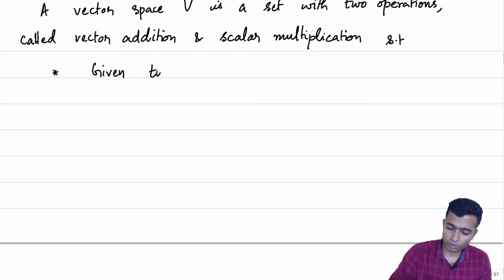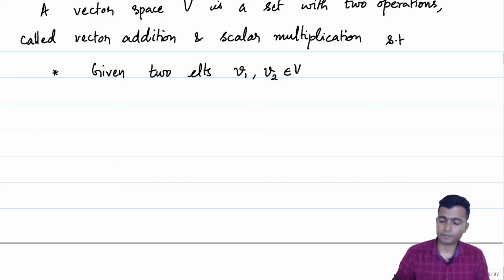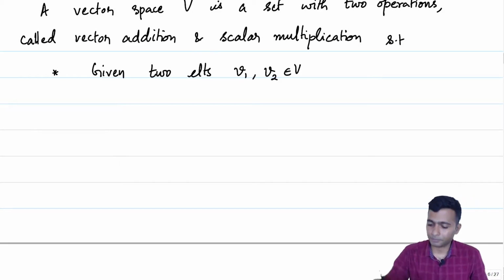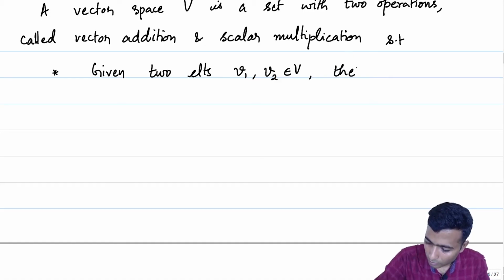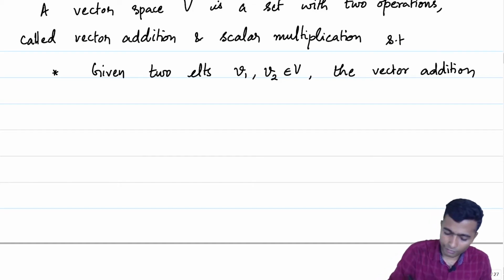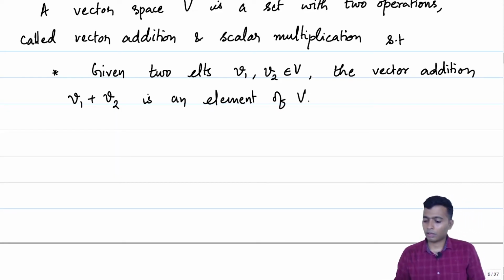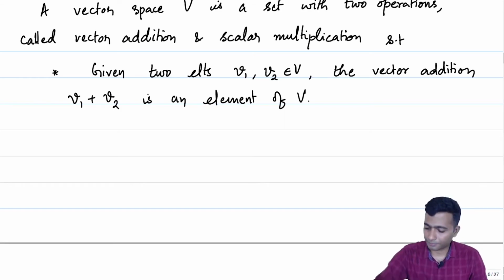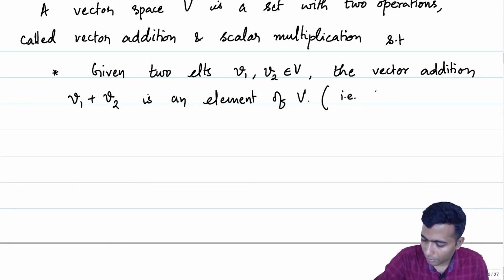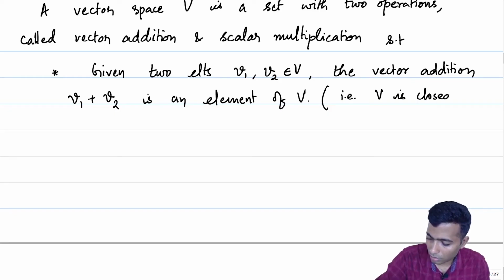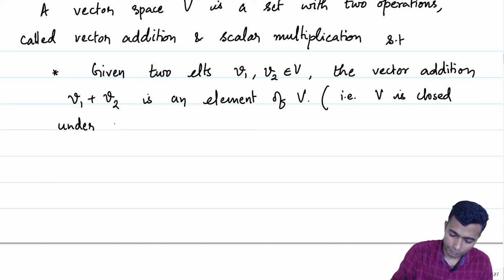Given two elements V1 and V2 in capital V, their vector addition V1 plus V2 is also an element of V. An alternate way of saying this is that V is closed under vector addition.